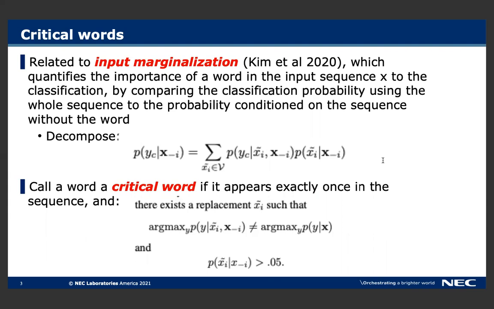This decomposes as a sum of terms for each possible replacement word, where the probability of the replacement, which we get from the language model, is multiplied by the classification probability conditioned on the sequence with the replacement, which we get from the classifier. We will call a word critical if it appears exactly once in the example and there is a replacement that changes the most likely classification, and the replacement is at least 5% probable according to the language model.